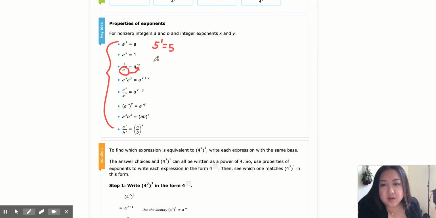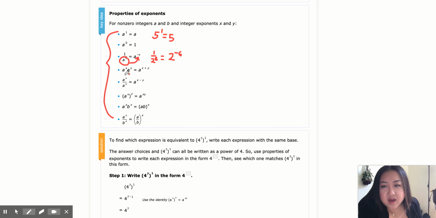So for example, if we had 2 to the 6th power in the denominator, the way to write it so that it's not a fraction anymore would be 2 to the negative 6th power. Basically you reciprocate everything, but make sure you change the power.